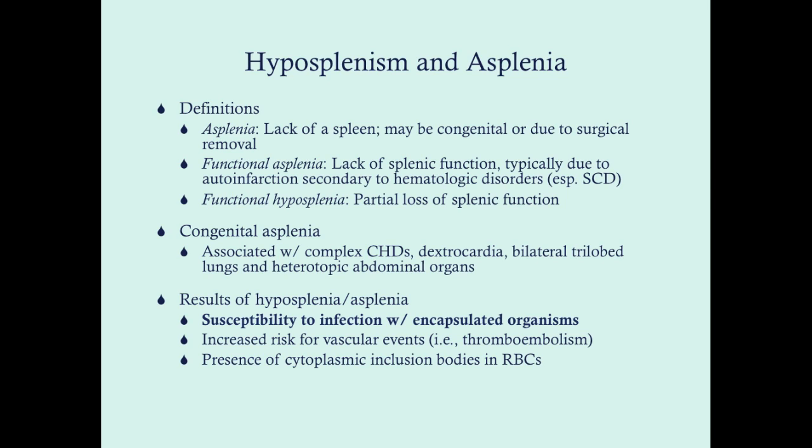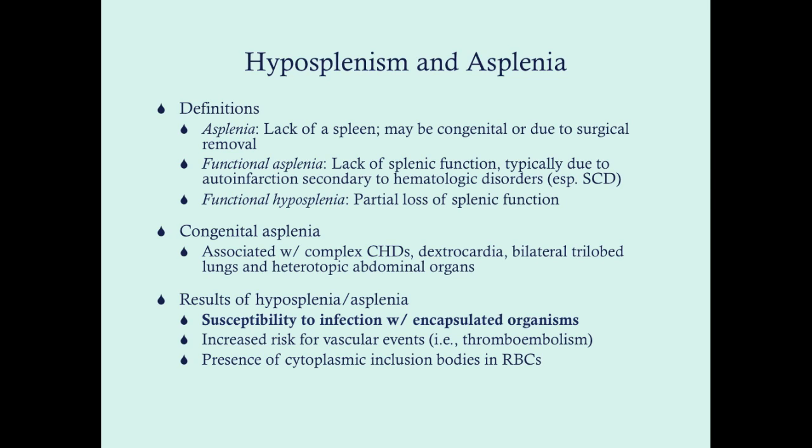Now, on the other hand, it's possible to have something in between situs solitus, which is everything's on the correct side, and situs inversus, which is everything reversed, and that is called a heterotaxy. And there are two different ways that you can have this. You can have basically two right sides, in which case you're going to have congenital asplenia.